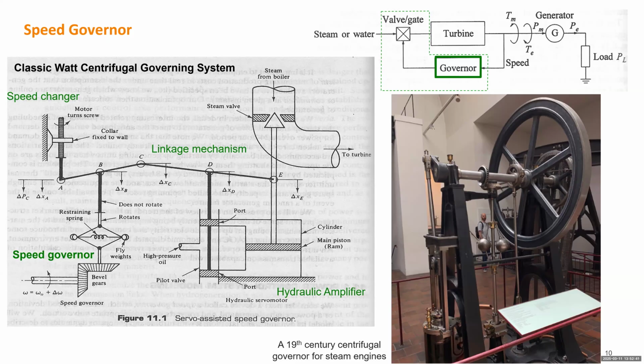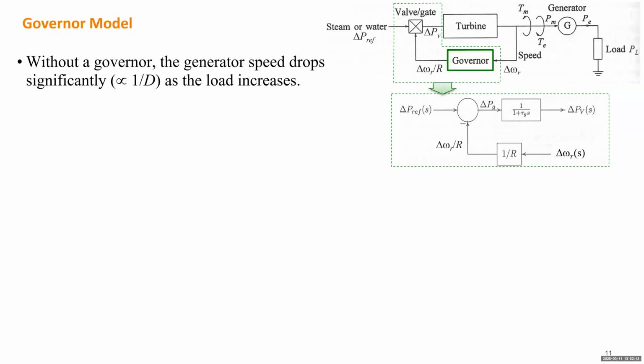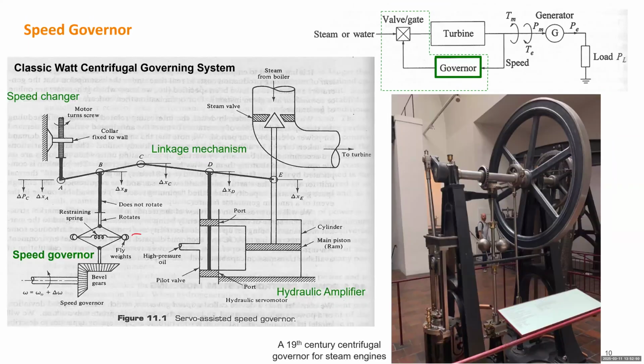The flying weights move the linkage of this mechanical system until it influences the valve opening. For instance, if the speed is increasing, this point will go down, and that will make more oil enter the tank and push the valve up. So that can sense the frequency change to form a feedback closed loop control.